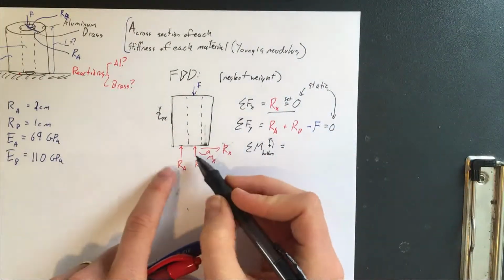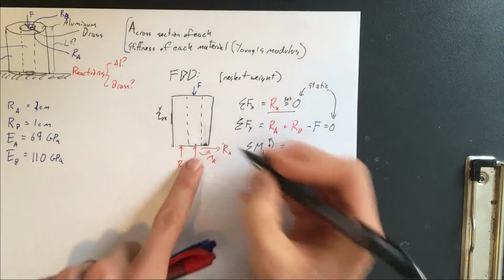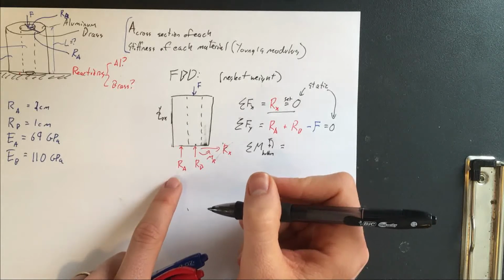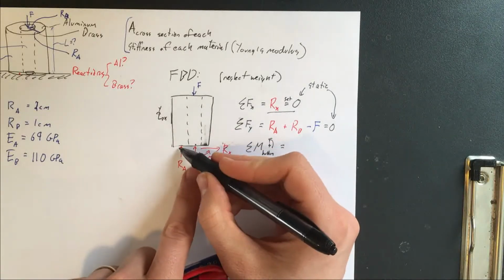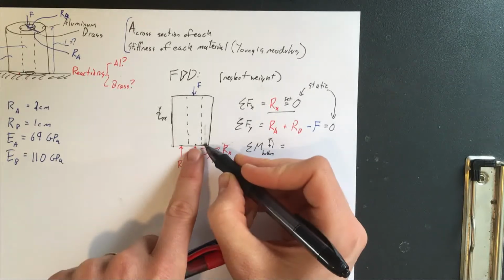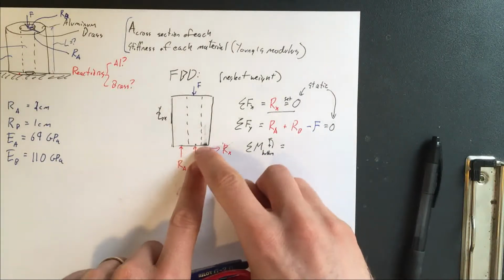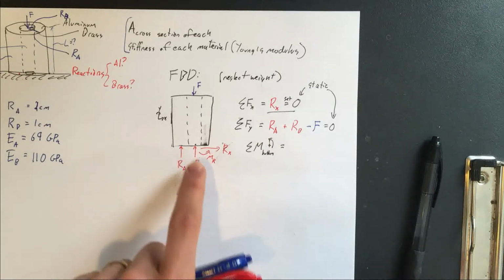If we sum moments about the bottom, these reaction forces don't contribute anything to a moment about the bottom. I know this Ra is on this side, but we're assuming it would be equally applied across the whole annulus, so it would cancel itself out. So it wouldn't apply any moments. Rb is symmetrical about this bottom point as well, so that's not going to apply any moment.